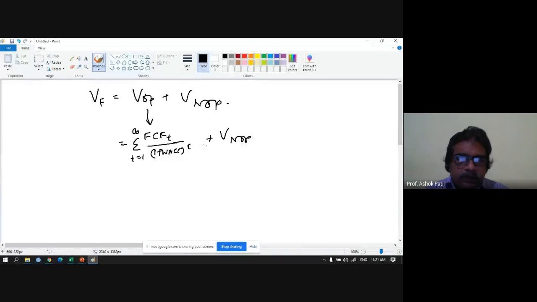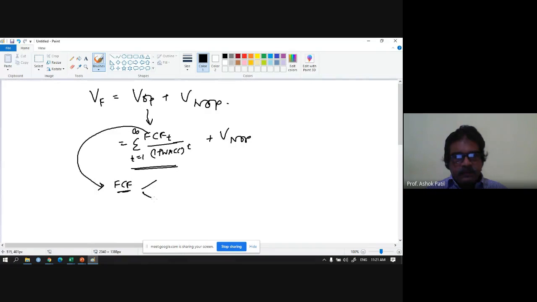Now the questions we are going to deal with are first with the numerator. We are going to talk about FCF first. In the FCF part, we have two cases. One is free cash flow to both the shareholders and stakeholders, which is called free cash flow to the firm, FCFF. In fact, whatever formula we wrote was for FCFF only.